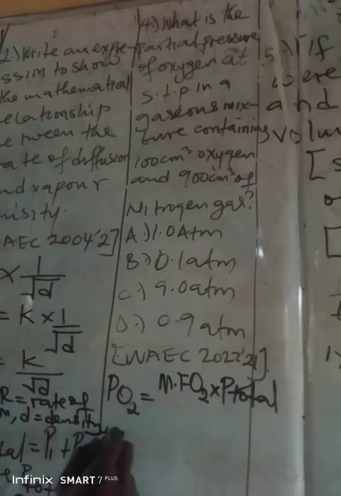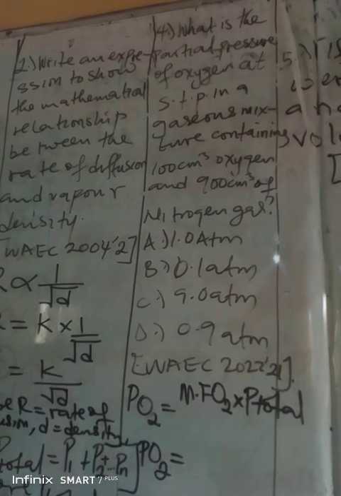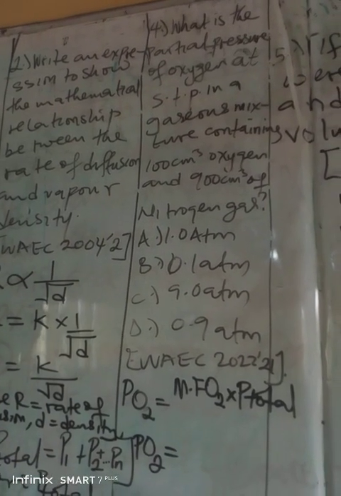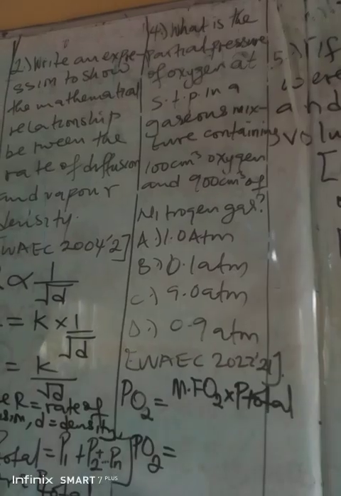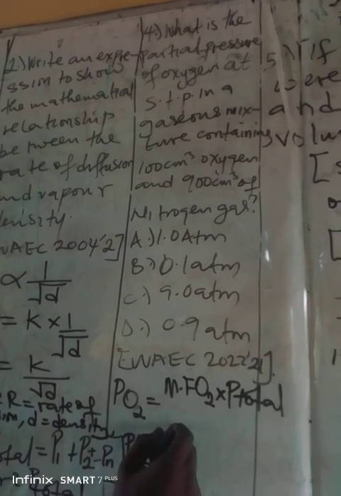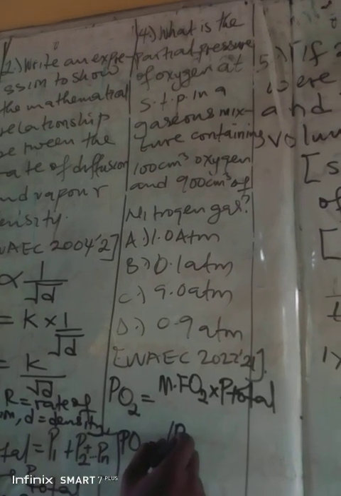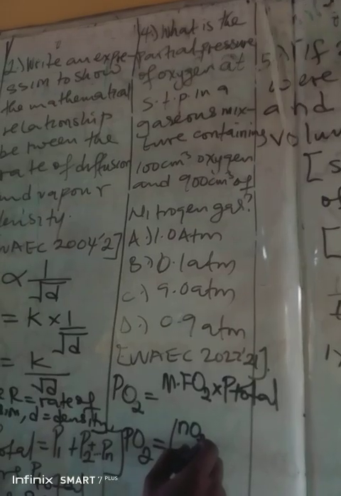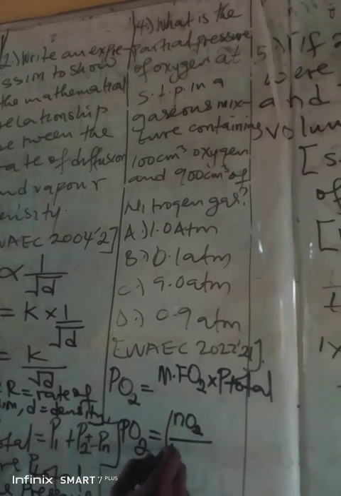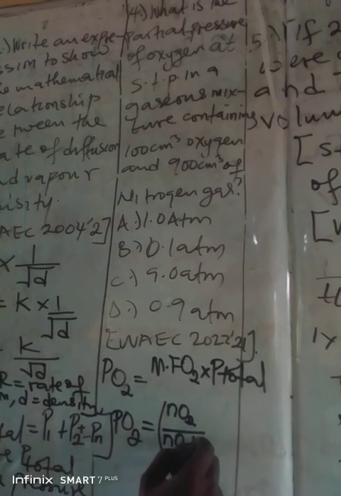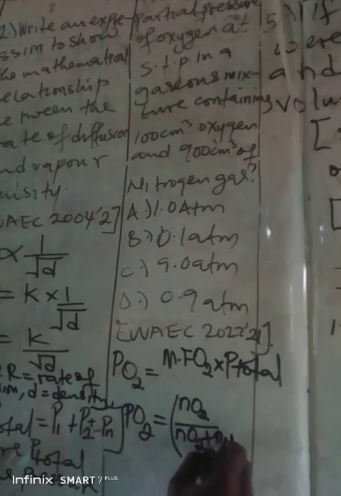And PO2 now, what is the partial pressure of oxygen? You should know now. Mole fraction is the number of moles of oxygen over the number of moles of both oxygen and the nitrogen, the two gases.